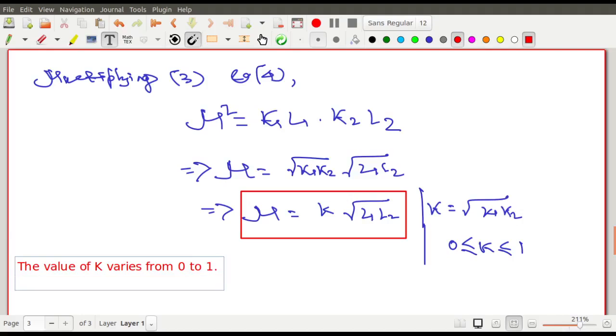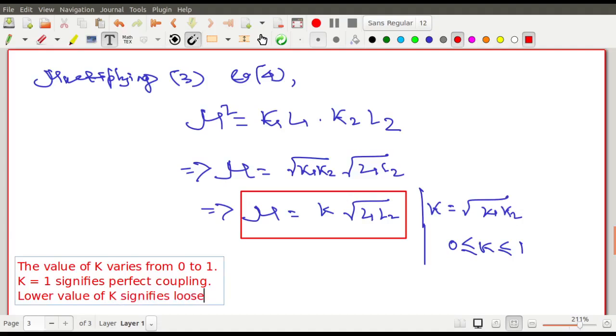And what is the significance? K equals to 1 signifies perfect coupling. Perfect coupling means all the flux of one passes through the other, and K equals to 0 signifies no coupling. Lower value of K signifies loose coupling, and higher values tight coupling.